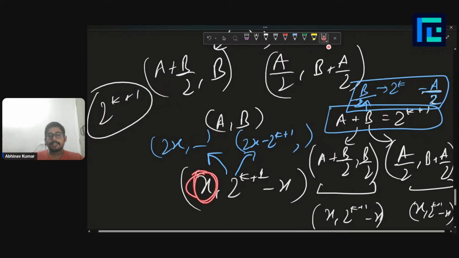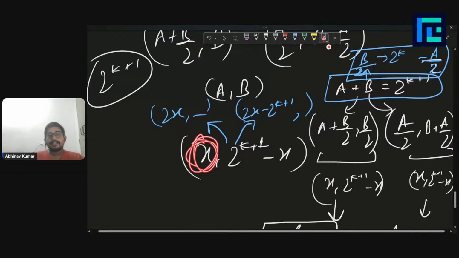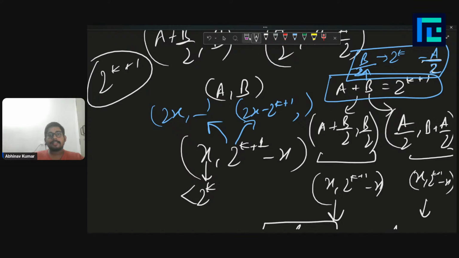So if x is greater than 2 to the power k, then 2x would exceed 2 to the power k plus 1, which means this state would not be possible.